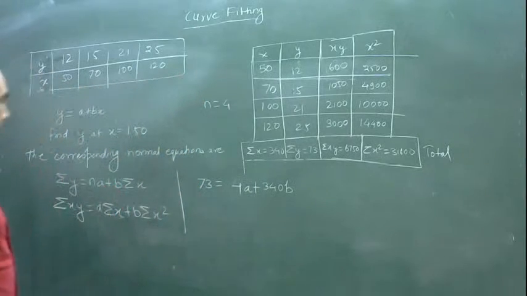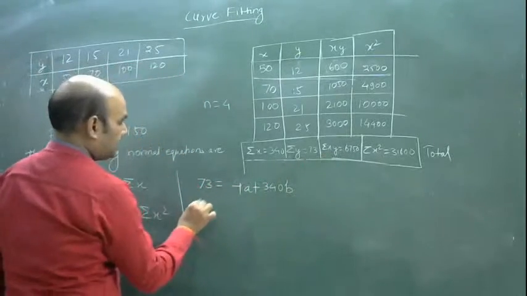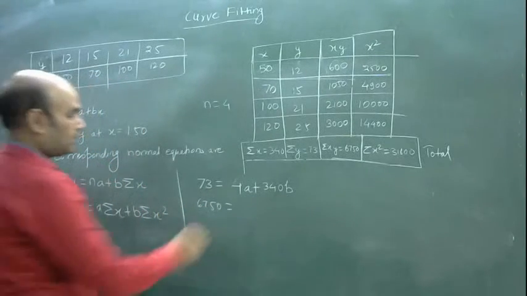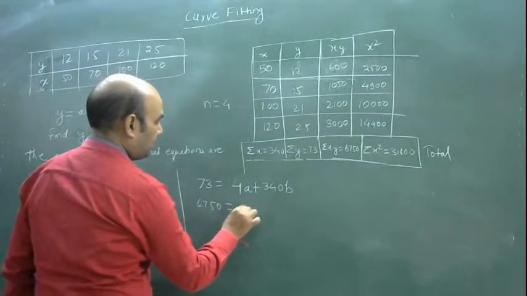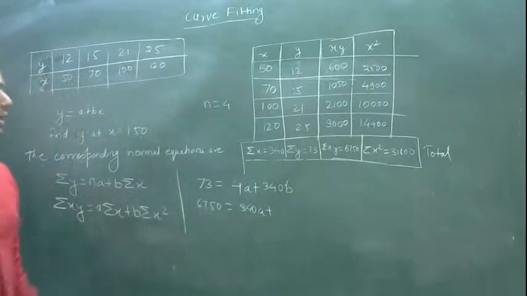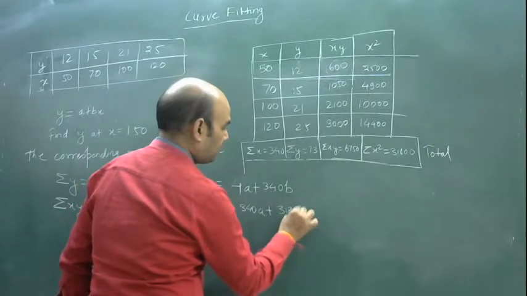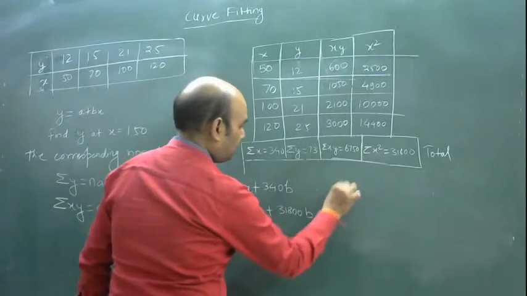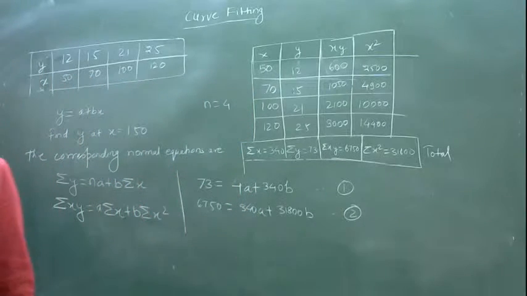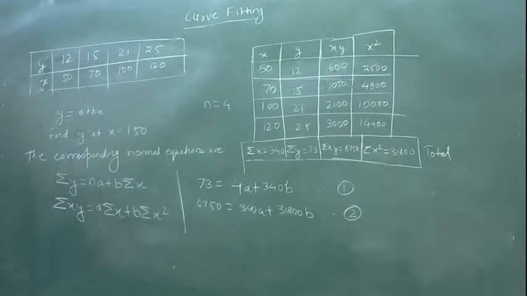In the second equation we need summation xy, which is 6750, plus a into summation x, which is 340 into a, plus summation x square, which is 31800 b. So we have got two equations with two unknowns.